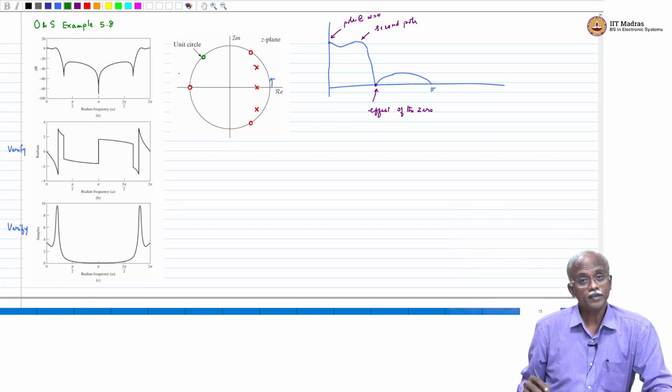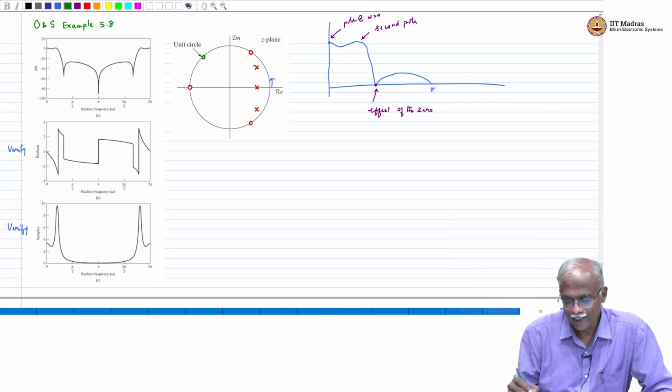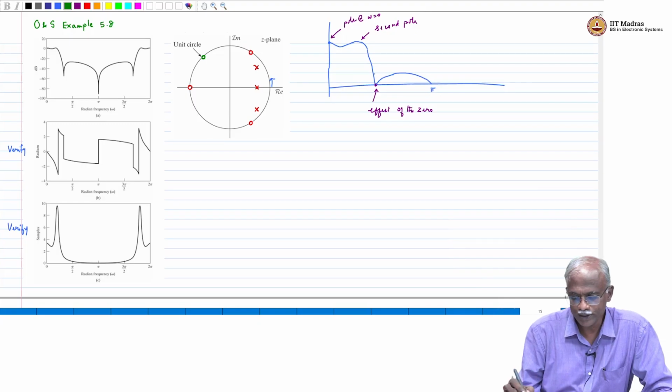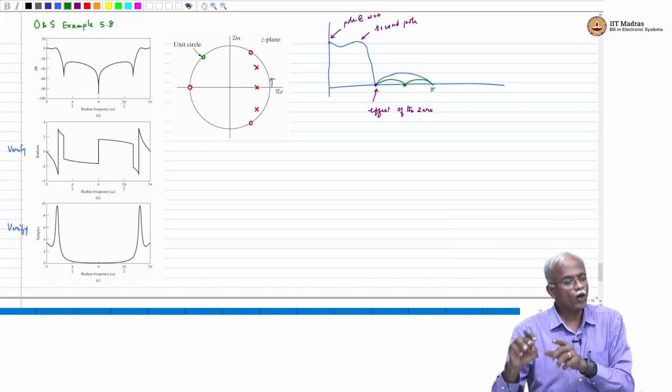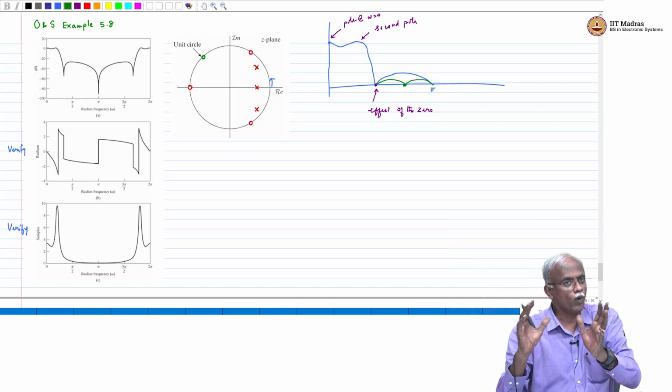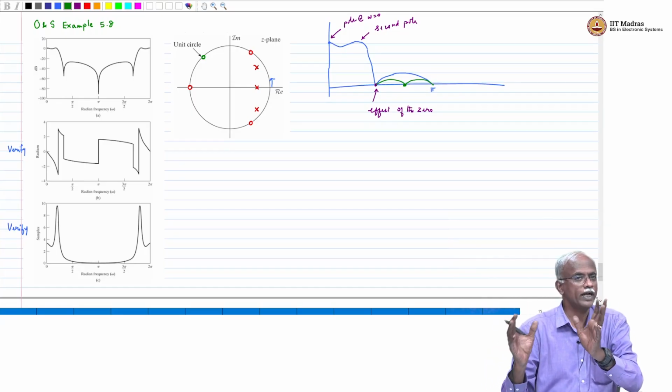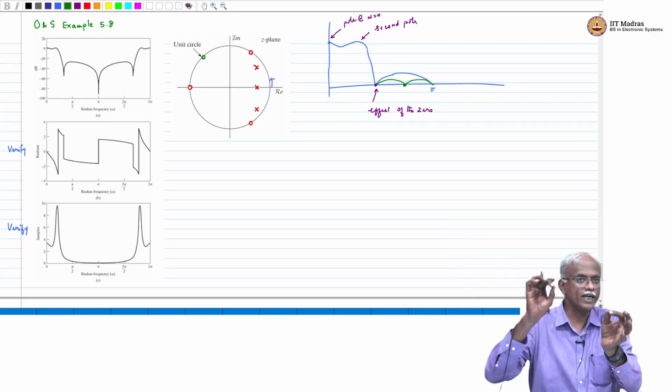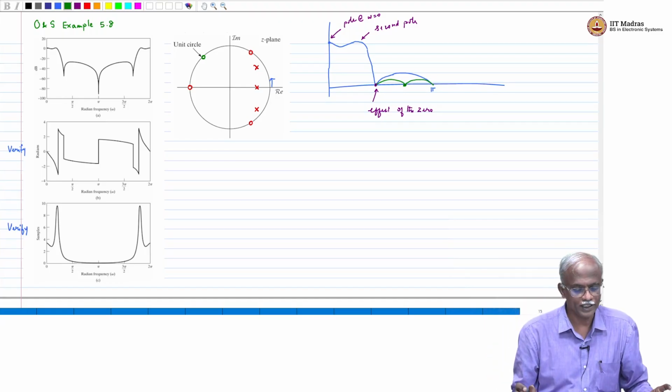What would be the change in the magnitude response? In the initial part, there won't be much change. In this part, you will see another 0 here, and then it will go up, and again you will see a 0 here. You can see how you can modify the magnitude response by placing zeros at strategic locations.